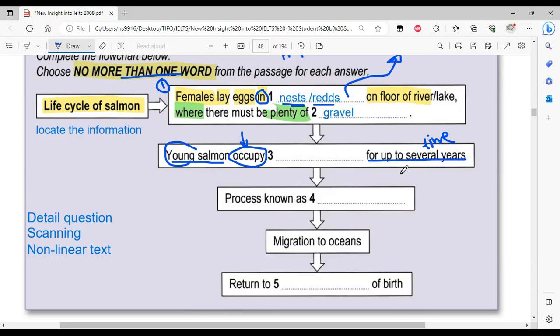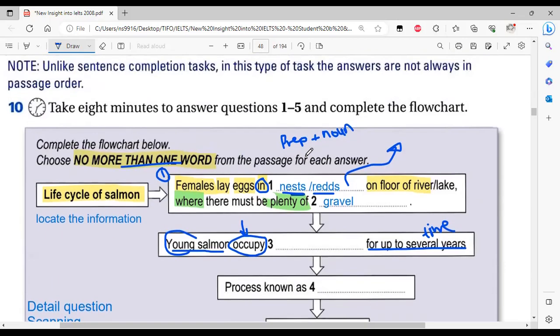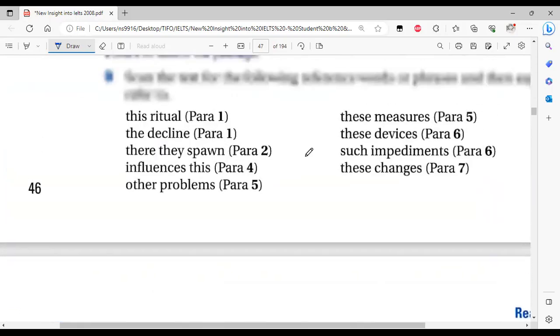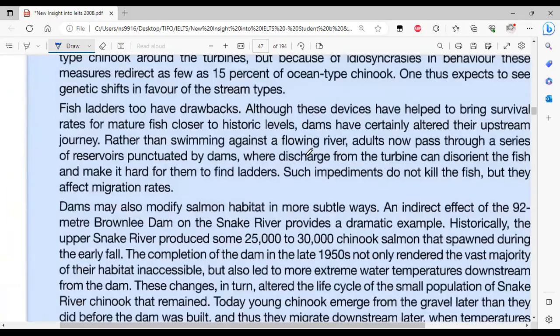This is why I asked you, when you occupy, what do we occupy? We always occupy two things: place, space and time. The time has been mentioned, so maybe here they are going to talk about the place. Very good. This is simple thinking, but it helps you a lot on exam day.